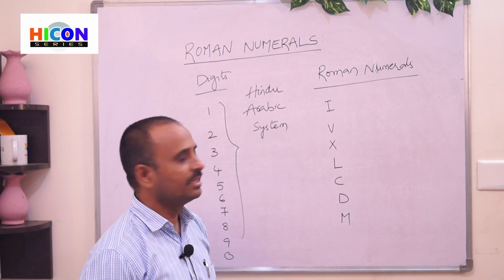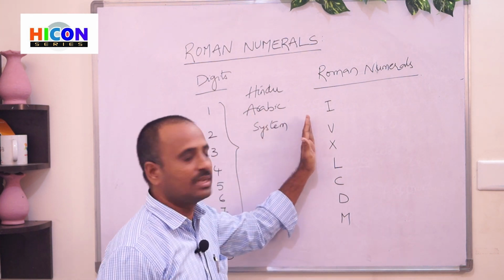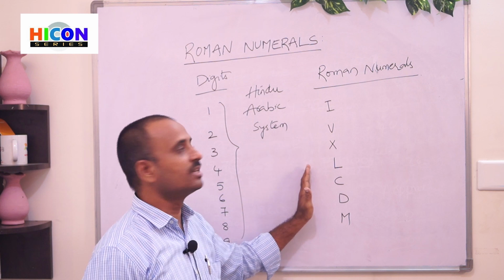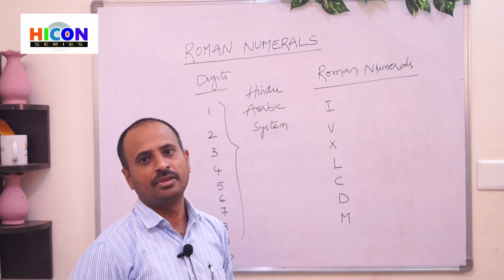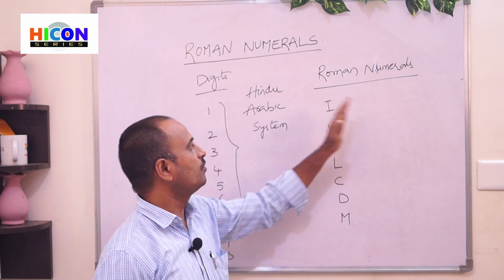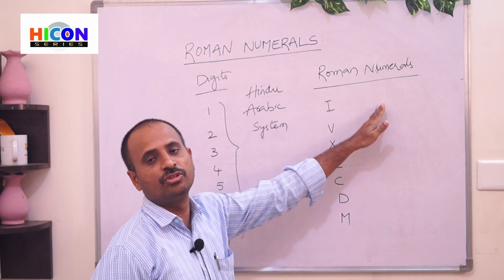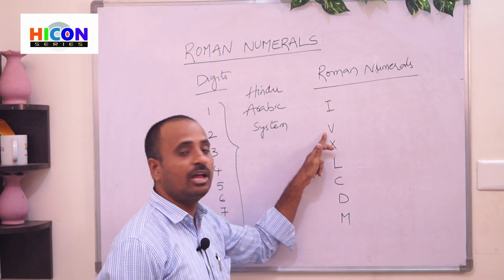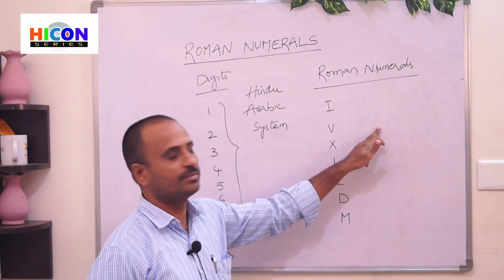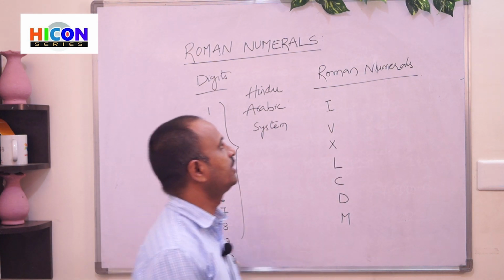Let us see the equivalent values of these Roman numerals in the Hindu-Arabic system. What does I mean? What is the value of I in the Hindu-Arabic system? And what is the value of V? Let us see the equivalent values.